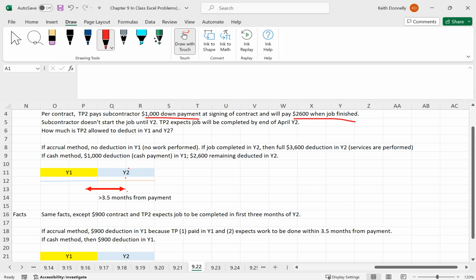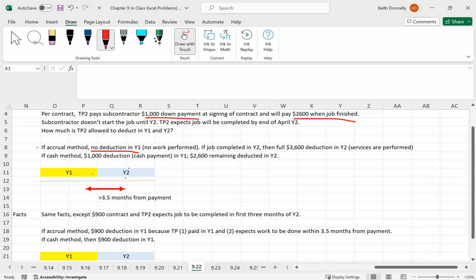If we're accrual method, we're not going to have a deduction in year 1 because there was no work performed. If the job was completed in year 2, then $3,600 then, when the services are performed. So this is just showing the general rule.